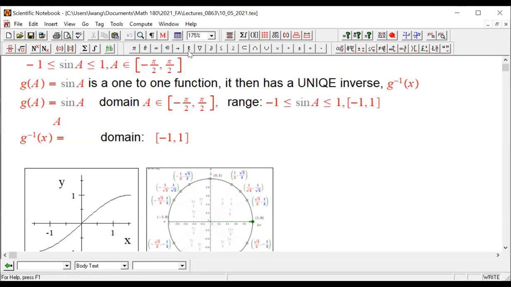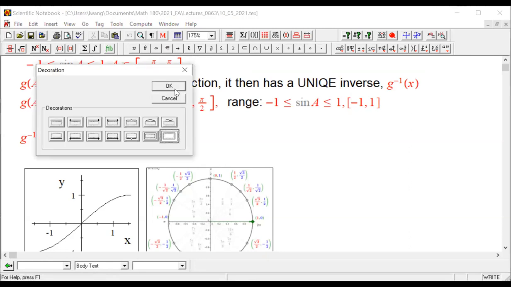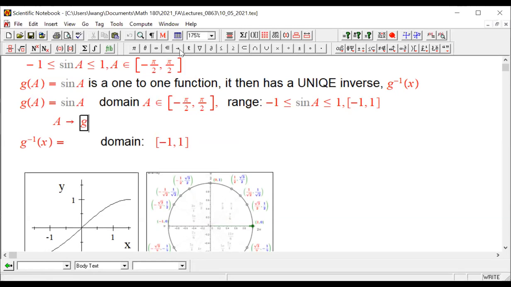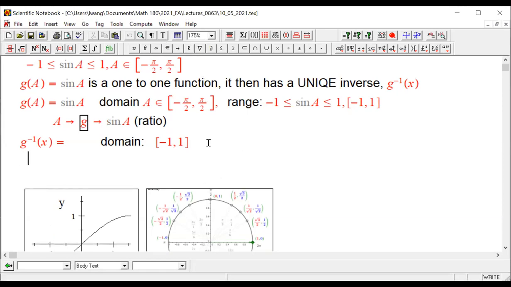The angle goes into G and it comes out sine of A, that's the ratio. The new function will take ratio, because we understand that the inverse function is a swap of input and output. So this new input is going to be ratio.